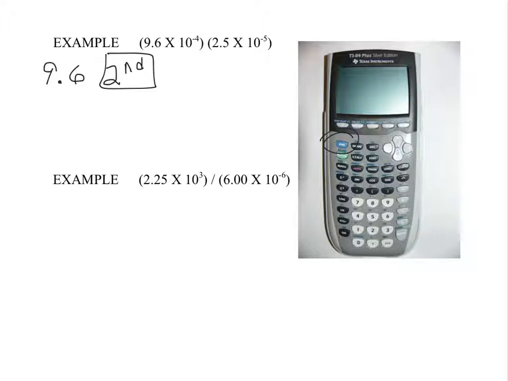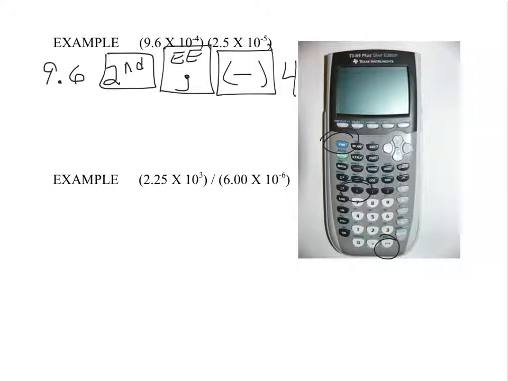Then you hit the comma, which is the same as the exponential notation, so that's like saying times 10 to the, and then you hit your negative sign, which is right here. Make sure you don't hit the minus, but the negative, and then the 4.